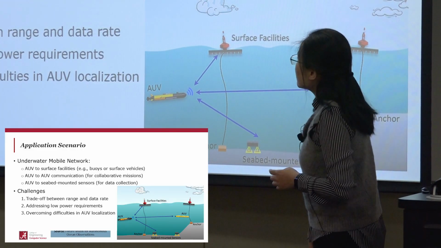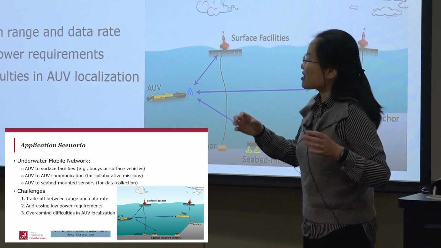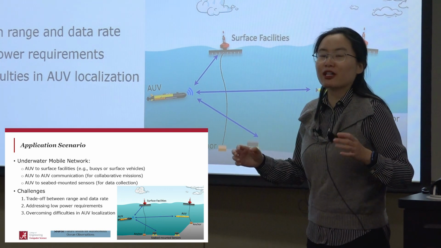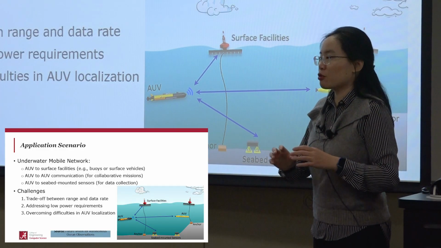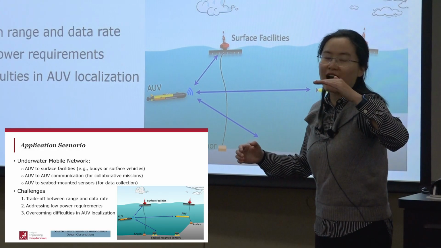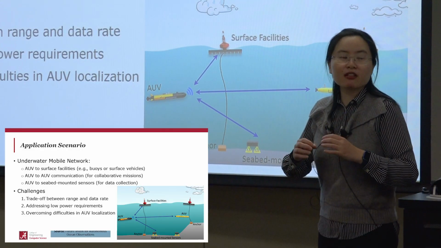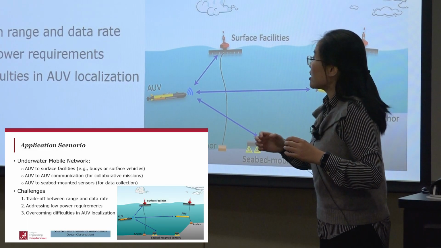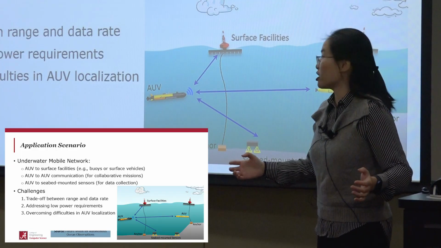However, making the communication long range and high rate is very difficult because there is a trade-off. If we want to push to a longer range, we will expect a lower data rate and vice versa. So achieving underwater communication at long range and high rate together is very challenging.